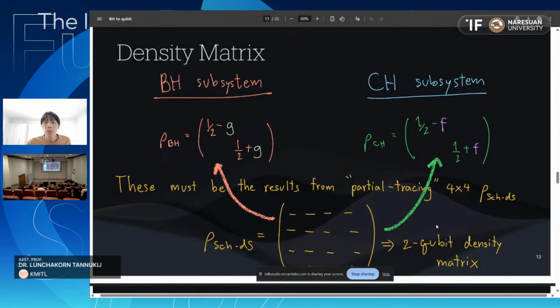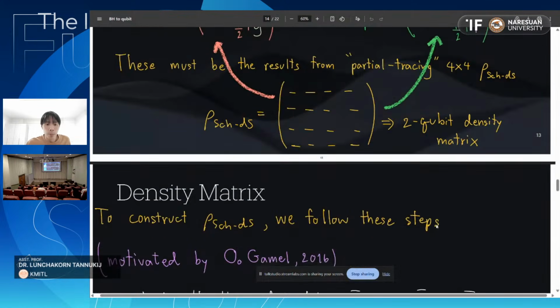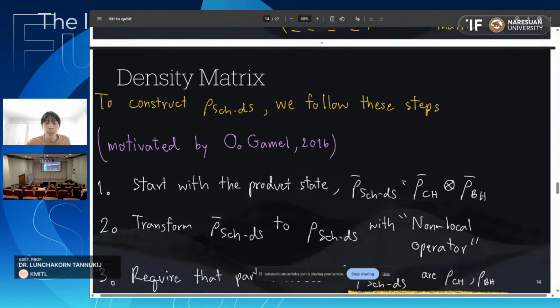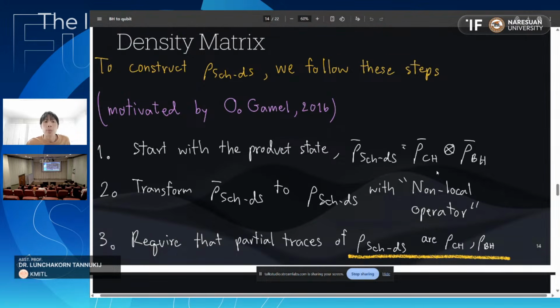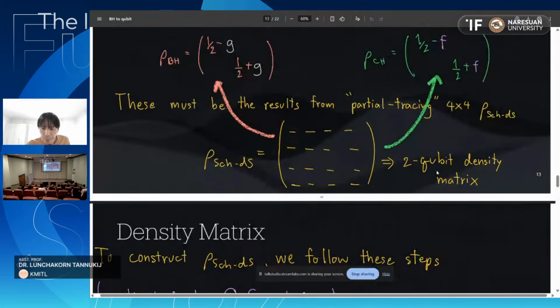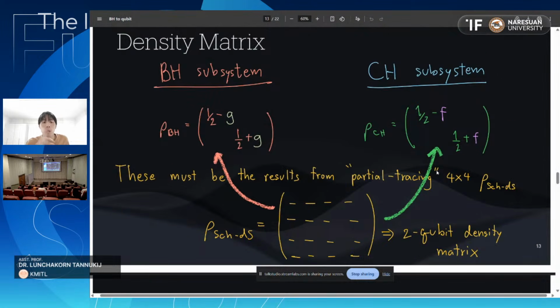Okay, now the problem is that it's not unique.